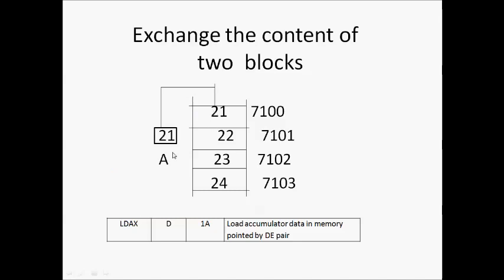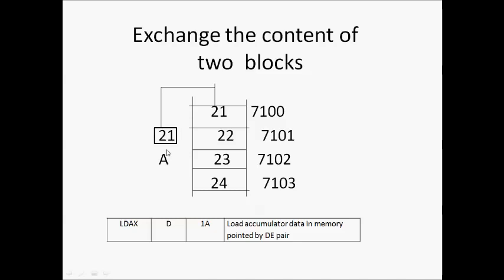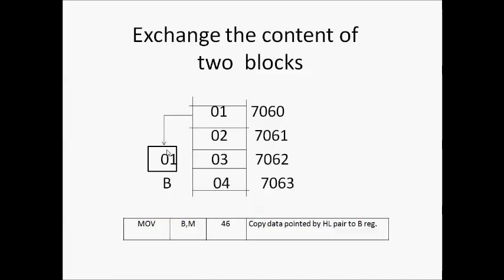First, with the help of the instruction LDAX D, the content 21 of memory location 7100 is moved to the accumulator, and with the help of the HL pair, the content 01 of memory location 7060 is moved to register B. So register A has 21 and register B has 01.